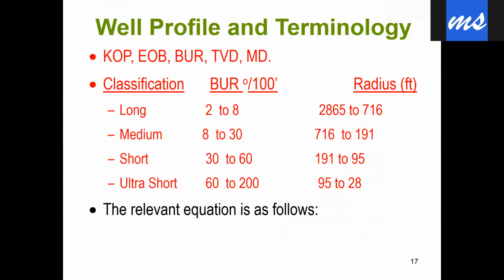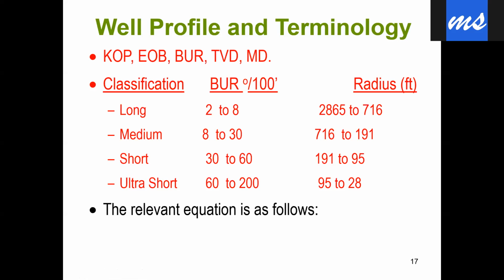For your information, we have several types of build rate, or build-up rate. It will give us the radius of a build section or a drop section.